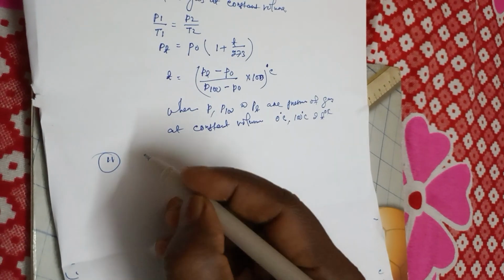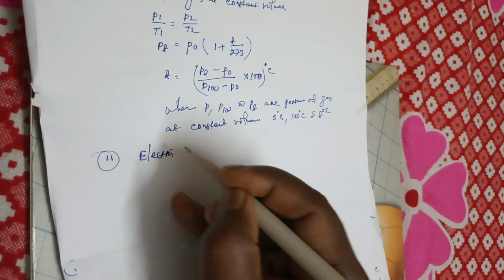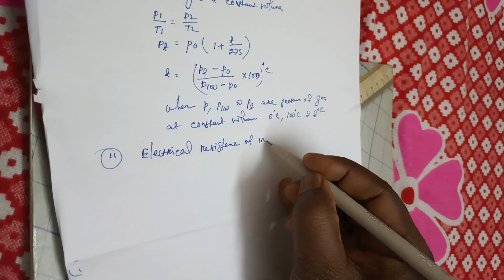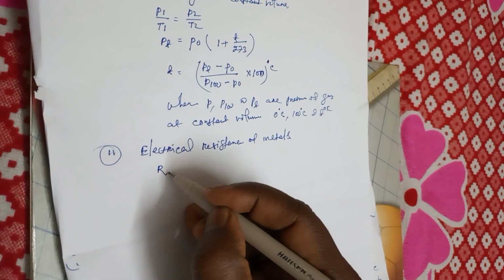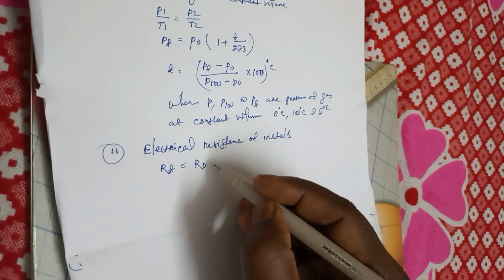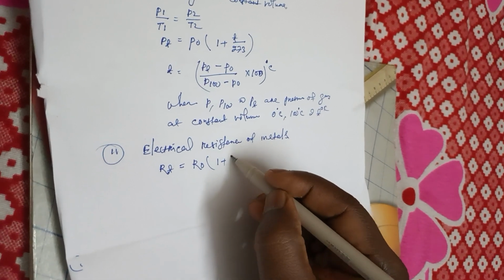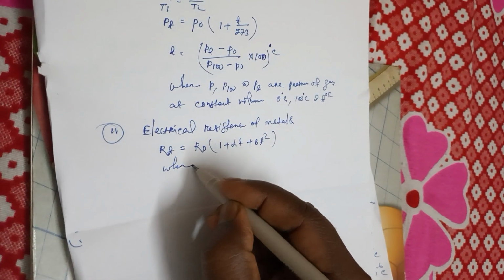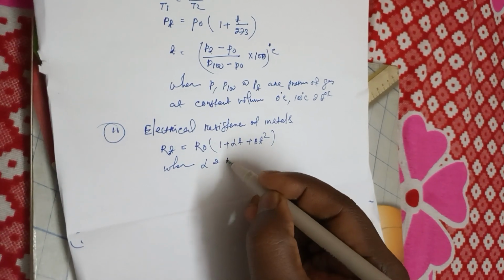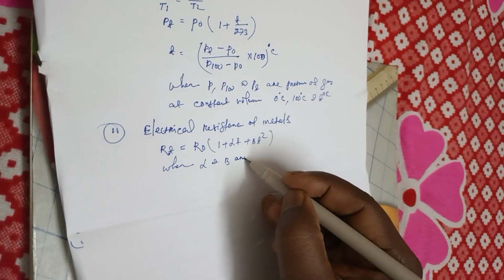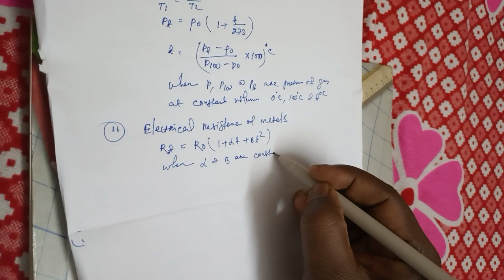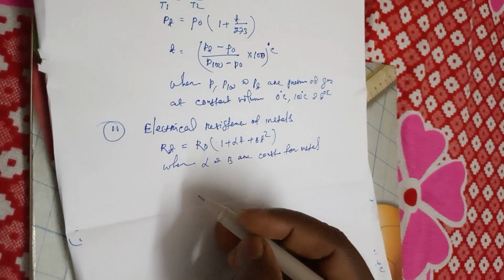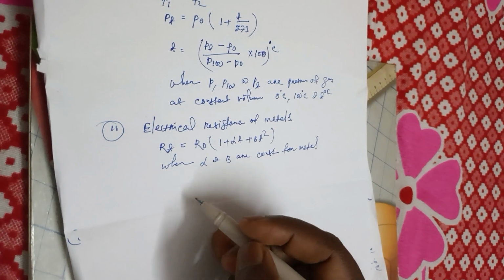Electrical resistance of metals. Rt is equal to R0 into 1 plus alpha T plus beta T square, where alpha and beta are constants for the metal.